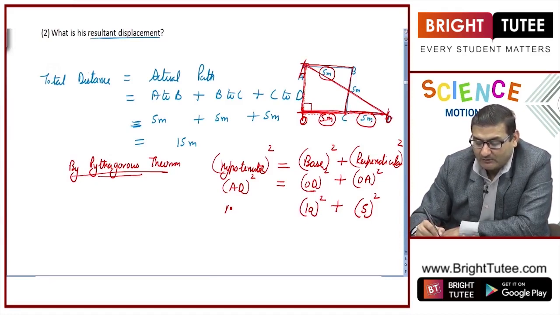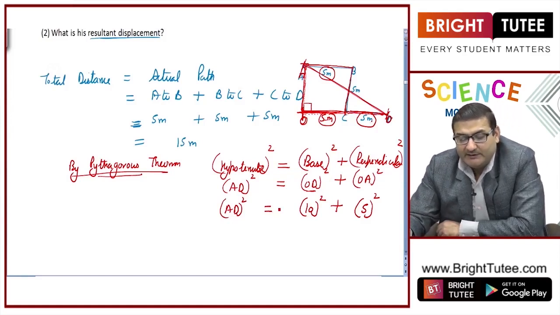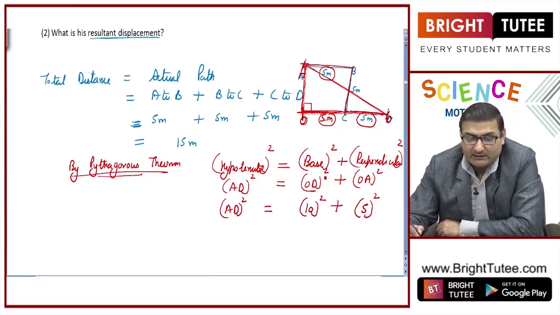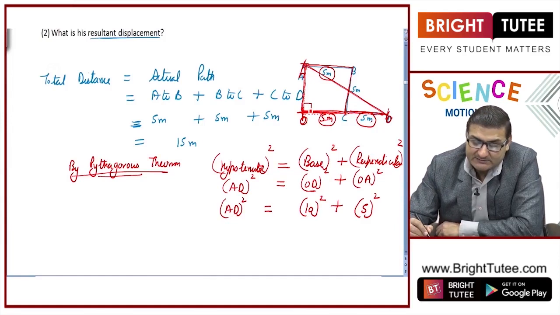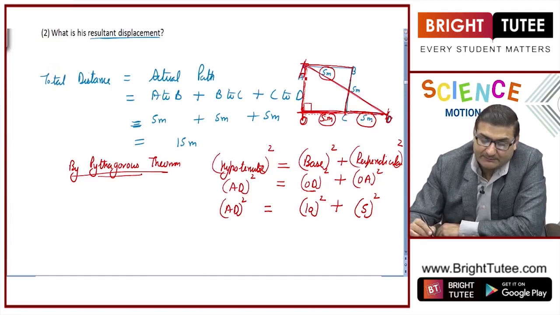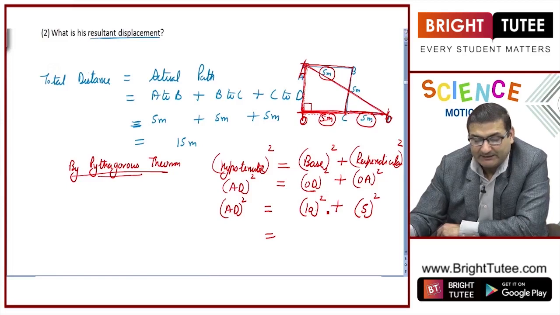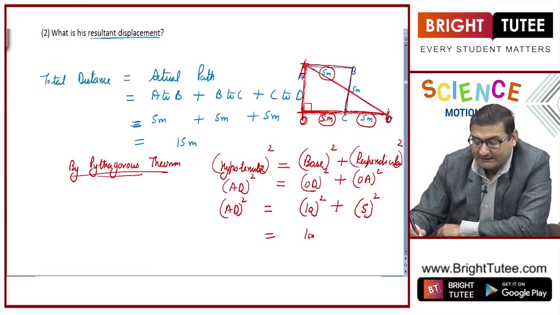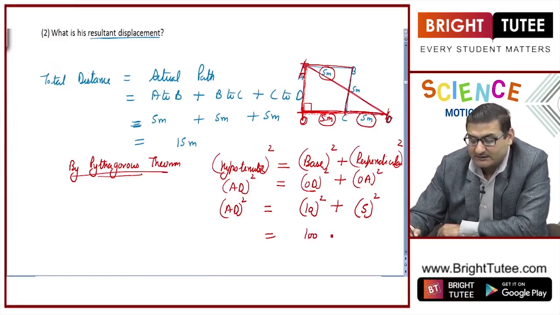So now my AD square or the hypotenuse square will be equal to OD square, which was the base, and the base we have seen is 5 plus 5, 10 meters. Again OA square, OA is our perpendicular, which is 5 square. So now just simply calculating it, 10 square is 100, 5 square is 25, it comes out to be 125.